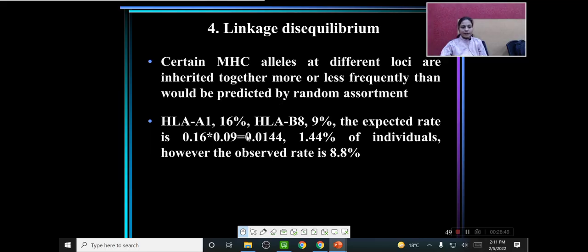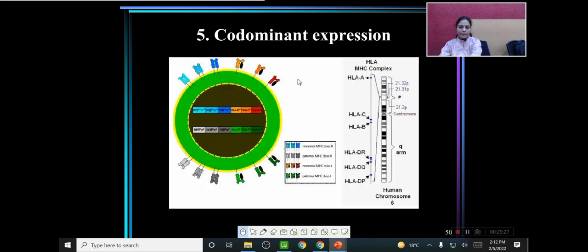HLA A1 is 16%, HLA B8 is 9%. So the linkage of the genes is different for different types of genes. So the linkage of different genes is different. This is known as linkage disequilibrium. There is no equilibrium; there are changes.